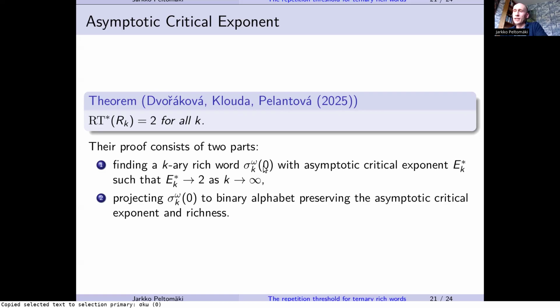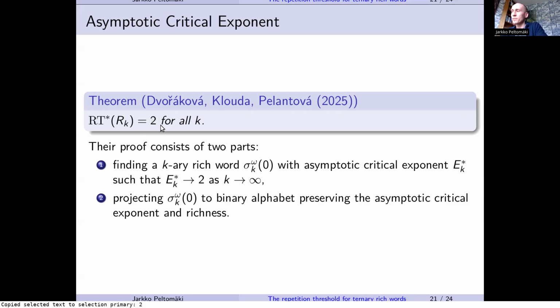And the second is that you want to project it to the binary alphabet. So actually, on a binary alphabet, you can find rich words whose asymptotic exponent is arbitrarily close to 2.